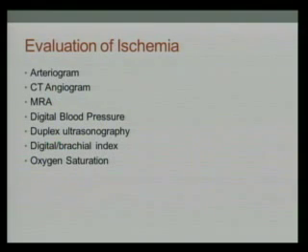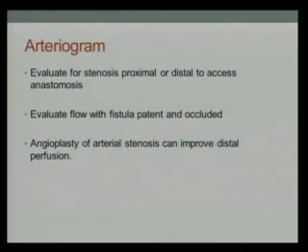You can take a digital blood pressure or use duplex ultrasonography, and you can actually compare the blood pressure in the digit to the brachial blood pressure to get a digital brachial index. And also oxygen saturation can give you a clue as to what's going on.